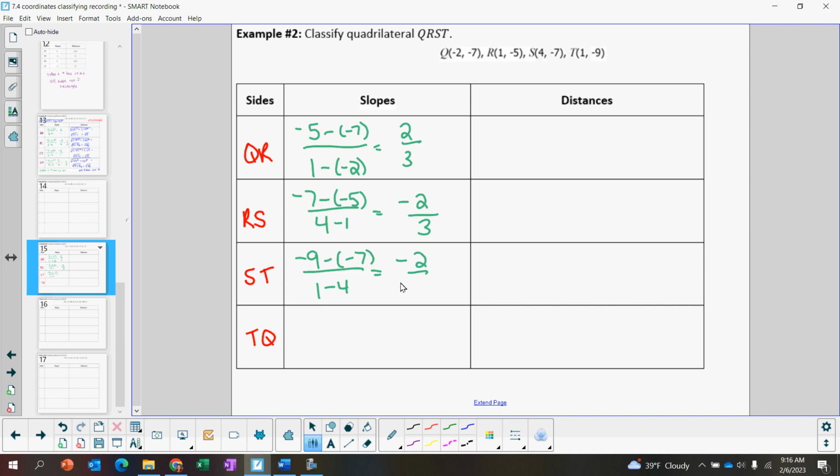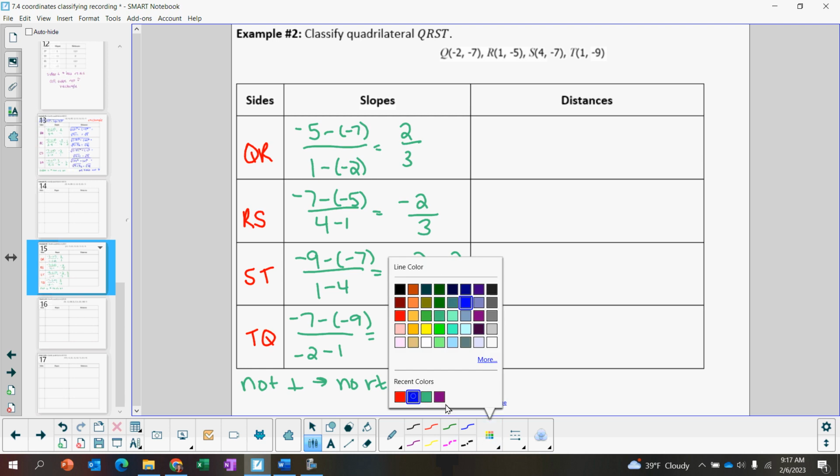It's negative 2 over negative 3, which is a positive 2/3. And then negative 7 minus negative 9, negative 2 minus 1. It's going to be a positive 2 over negative 3. So 2/3 and 2/3, negative 2/3 and negative 2/3. We do have two pairs of opposite sides parallel. Looking at consecutive sides, 2/3 and negative 2/3 are negatives, but they're not reciprocals. So not perpendicular means there are no right angles.